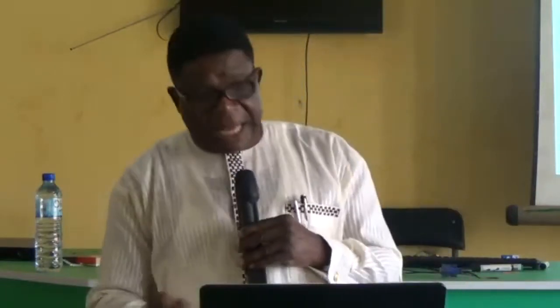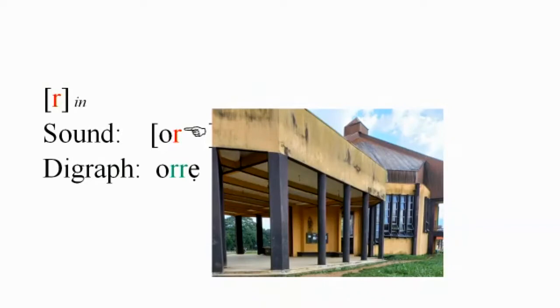So it is with a double R, a digraph. Then we also have it in Ore. We showed that earlier. Those already know this.